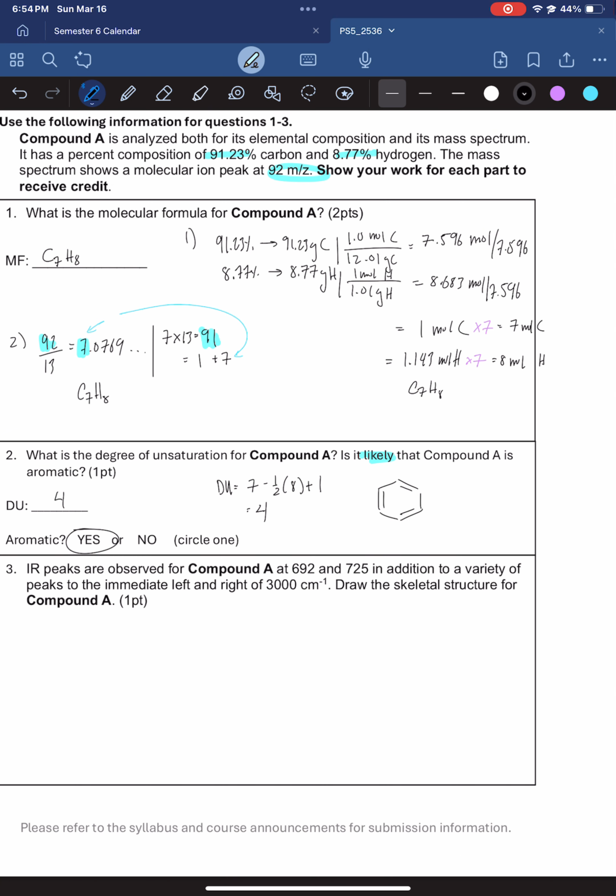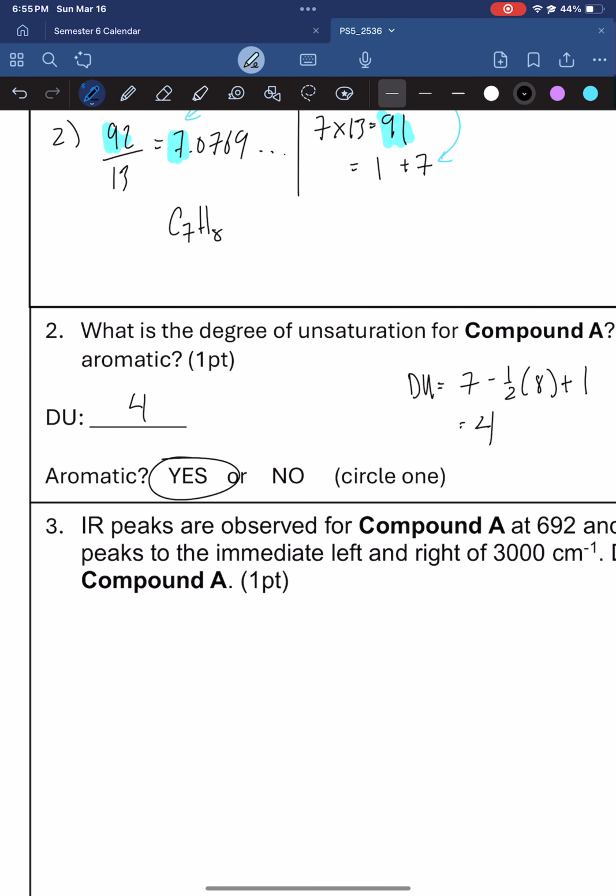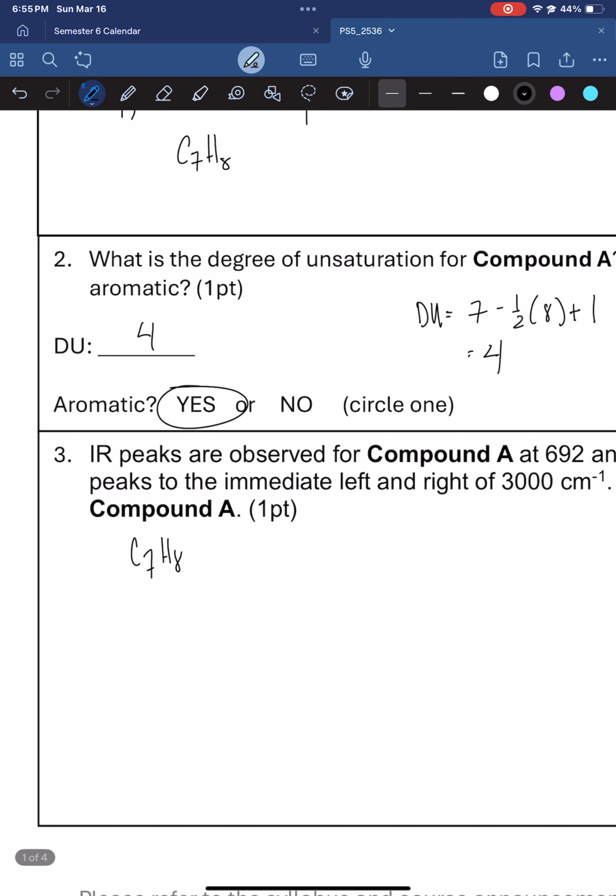Right, so we're given a lot of information here, but remember, we're still working with compound A. So in this case, we know that compound A has to have a molecular formula of C7H8, as well as degrees of unsaturation of 4. And as we said in question 2, it is likely to be aromatic.